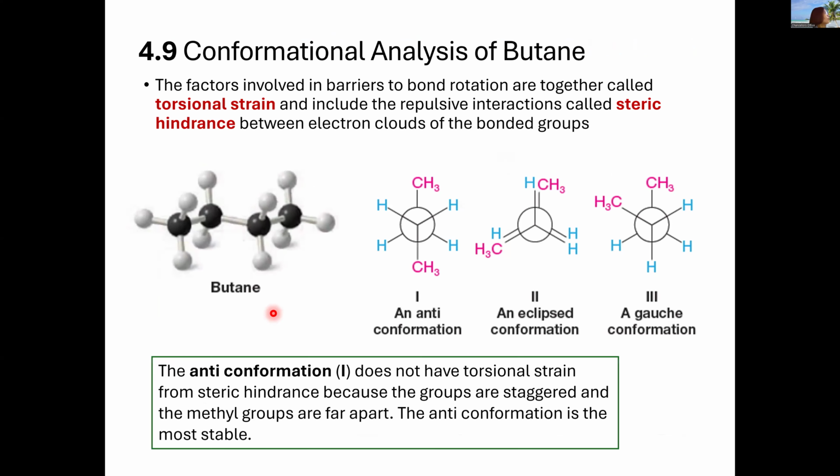With your butane, from the side you can see it as a zigzag formula. But you can also have your reference point. You can see from this carbon and this carbon. This becomes, for example, your front. So in your front you have hydrogen, hydrogen, and CH3. Hydrogen, hydrogen, CH3.